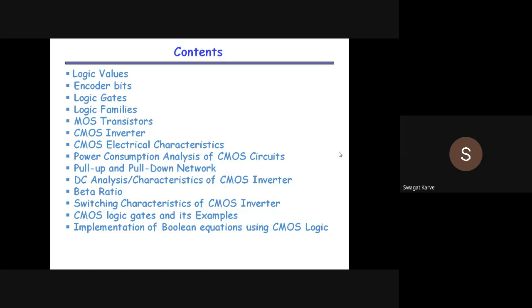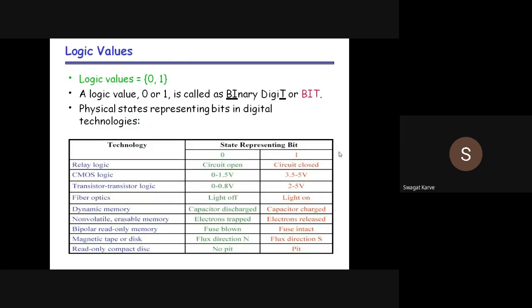Okay. Now, the first part of this unit is logic values. As you know, there are only two types of logic values, a logic 0 and logic 1. As compared to analog, where you can have different levels of voltage, in digital you have only either logic 0 or logic 1.